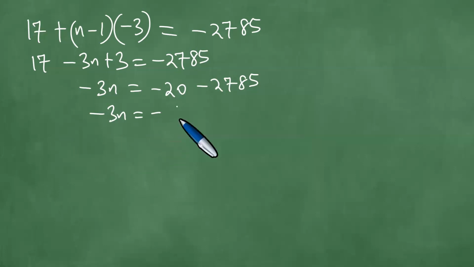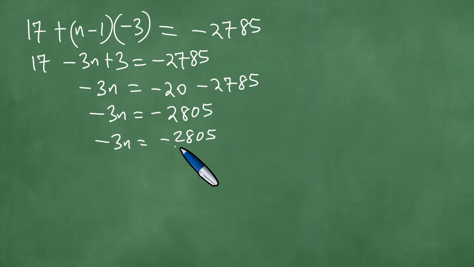Negative 2805. Yes, minus 2805. That's correct. All right, and then divide by minus 3. 2805 divided by minus 3 gives us what answer? 935.